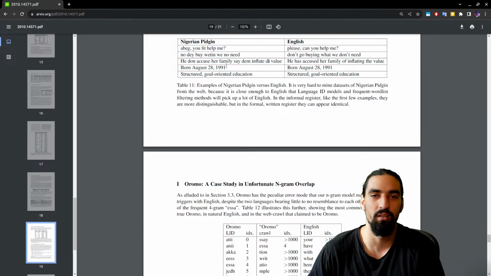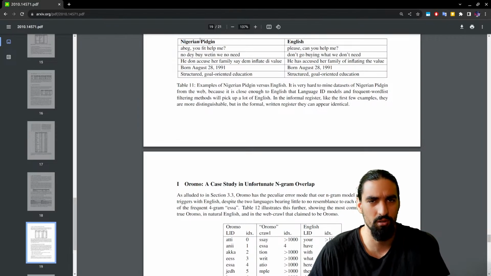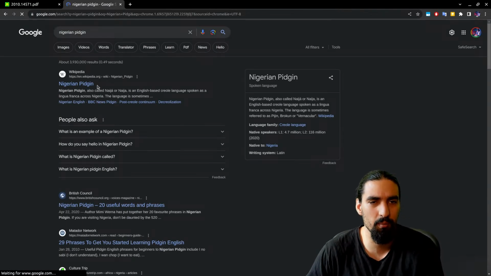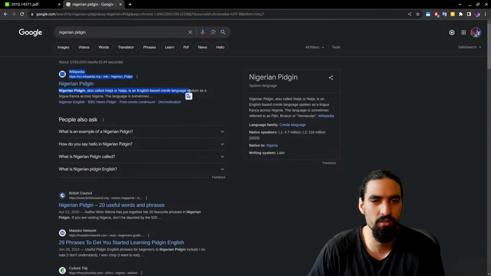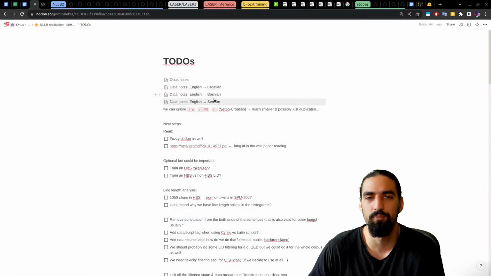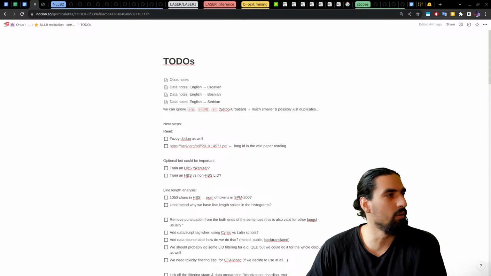This definitely looks like English evolution. What's the thing with Nigerian Pidgin? How did this language appear? English-based Creole language. Interesting. You learn a lot.